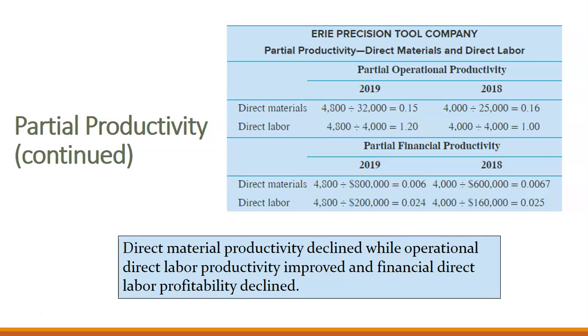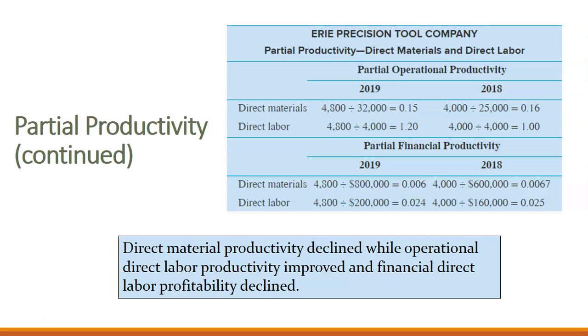Operational direct labor productivity increased and financial direct labor productivity declined. So what does that say about us? Well, we spent more on direct labor.